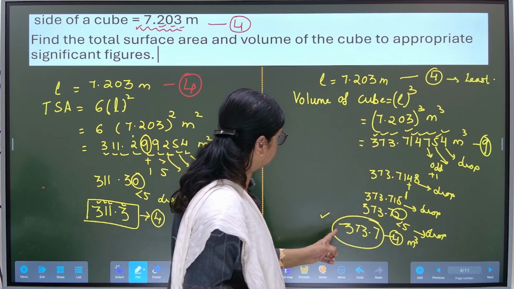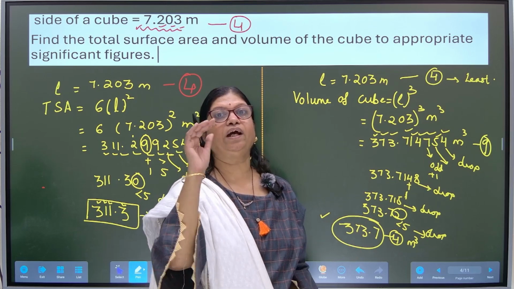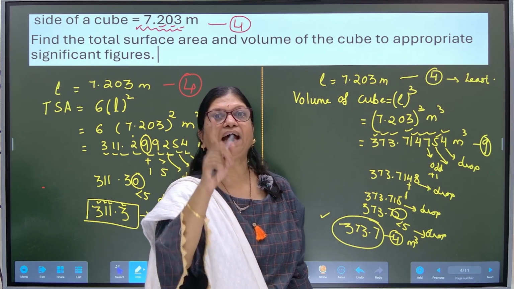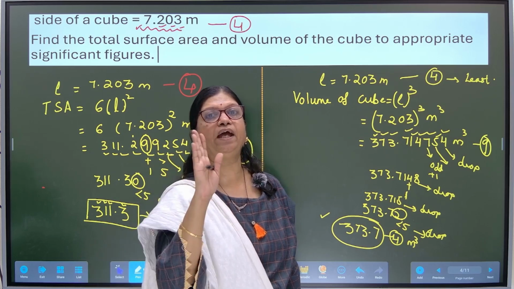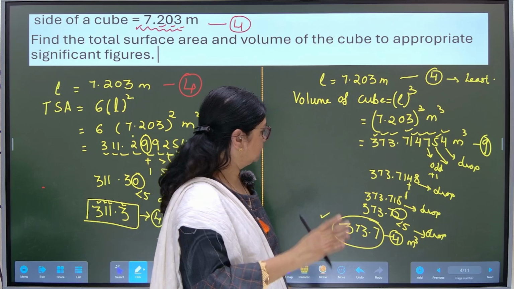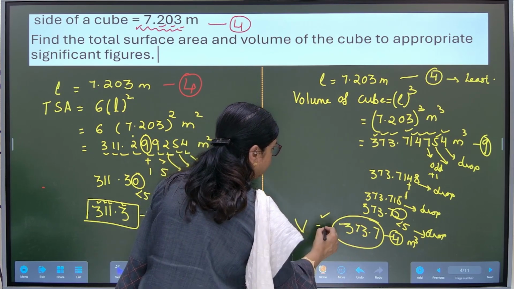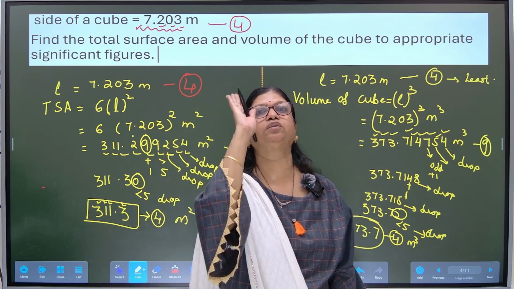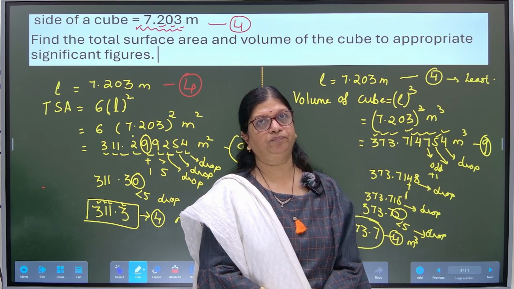My answer becomes 373.7, to the correct 4 significant figures as per the ask. So I leave my answer there as 373.7 as the volume of the cube, to 4 significant figures. Write down the unit, meter cube.